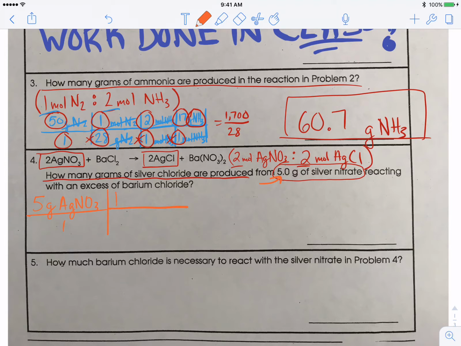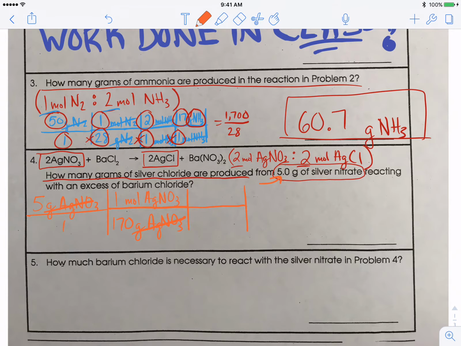We're then going to do the mole to molar mass ratio. So 1 mole of silver nitrate is approximately 170 grams in mass. Now, if you don't believe me that this is the right mass, go ahead, pause the video, and calculate it yourself, looking at the masses on the periodic table.